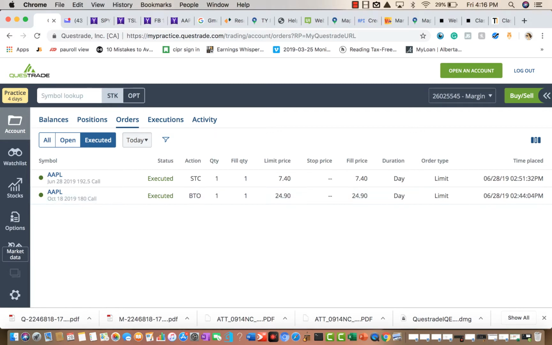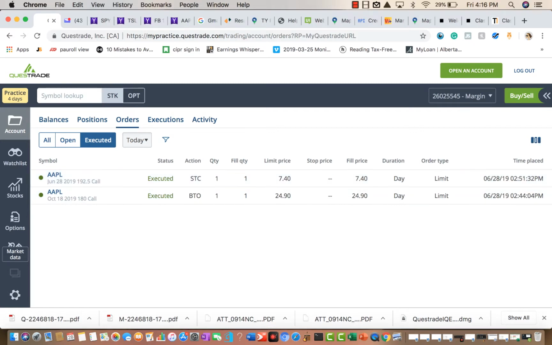That request is going to get canceled after 2 p.m. So that request that you place is no longer valid after today. So that's what day limit means.